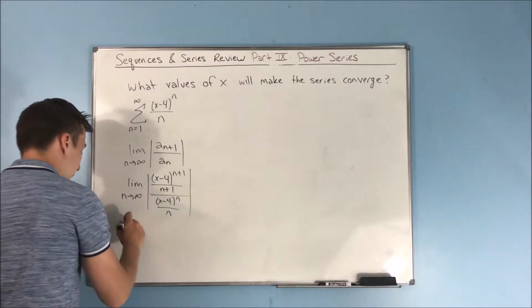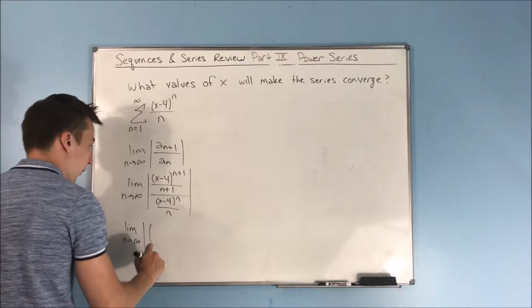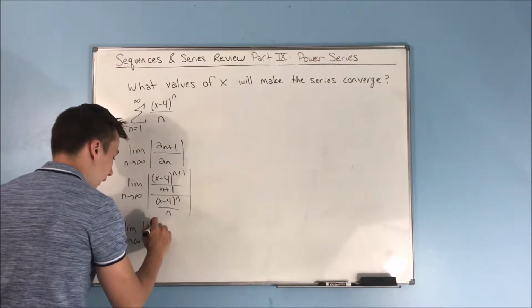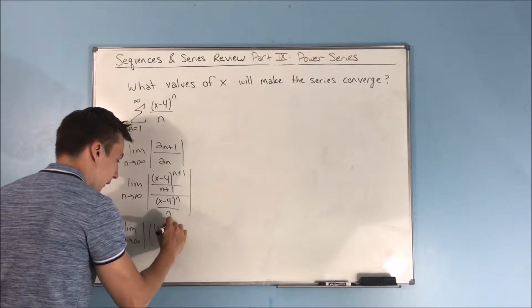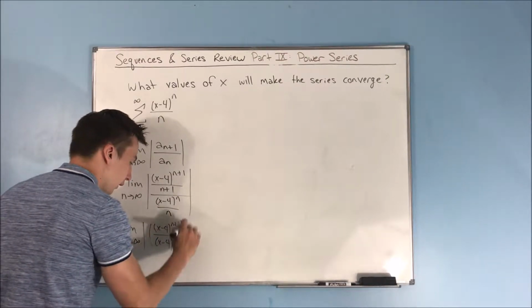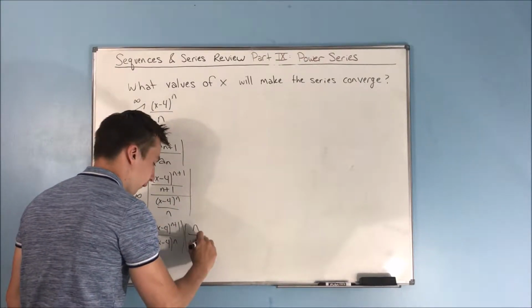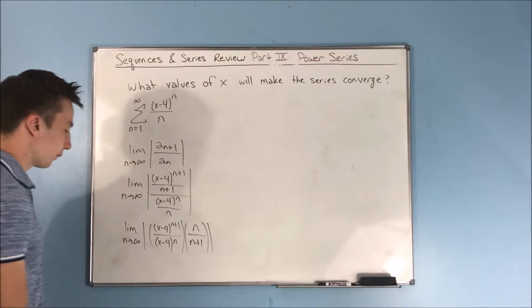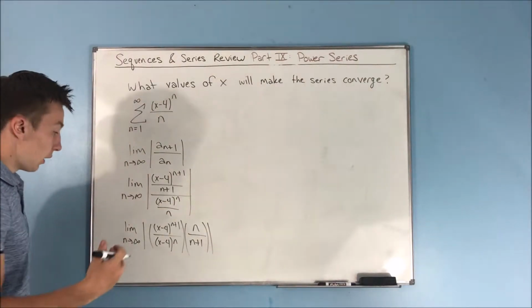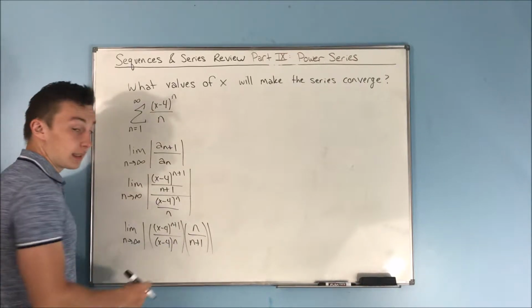Cleaning this up a little bit, we get the limit as n approaches infinity of the absolute value of x minus 4 to the n plus 1 over x minus 4 to the n, and then we'll have n over n plus 1. Now we can do the limit of each of these separately.